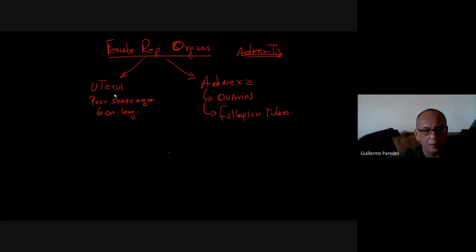Amazing, right? Okay. So the uterus is a pear shape that is going to be 6 centimeters long, and the uterus is divided into many compartments. Here we have the layers, I would say the divisions. The divisions will be the fundus.